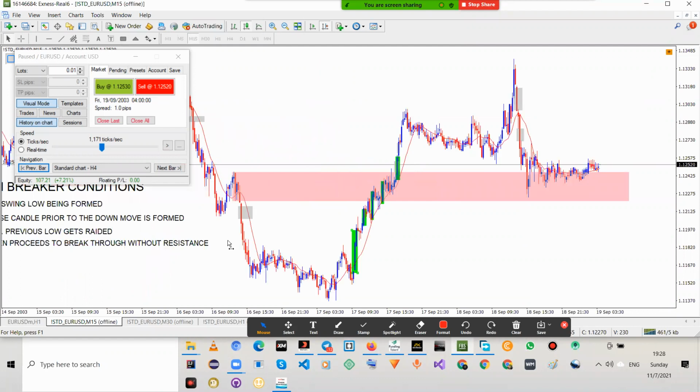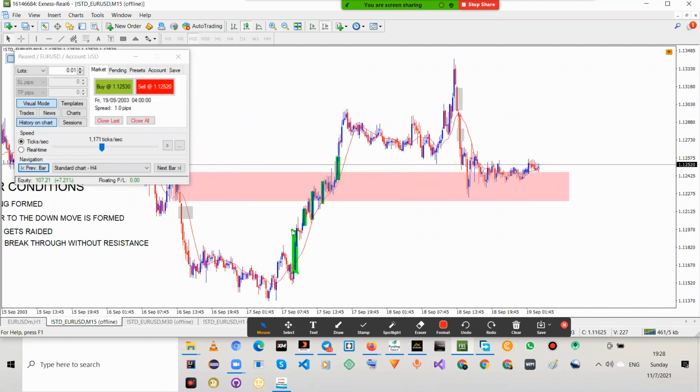Before I use more confluences, I look for my OTE trade, my optimal trade entry. I simply have to have my price get into this zone and reject from it. As you can see with the price action here, price shot into the zone, but then started retracing out, started reversing out of the zone.